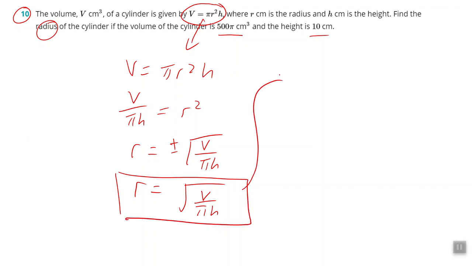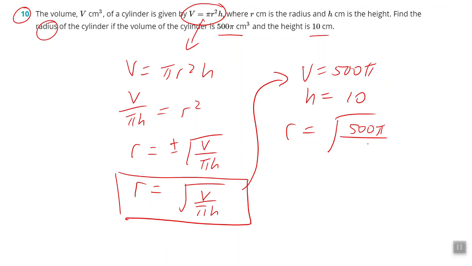Now, I want to sub in because we're given that the volume of the cylinder is 500 pi and the height is 10, okay? So I want to substitute this into my newly rearranged formula. My volume is 500 pi and my height is 10, so you go 10 pi at the bottom.